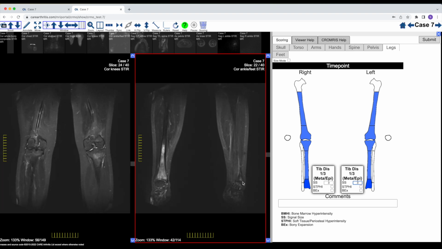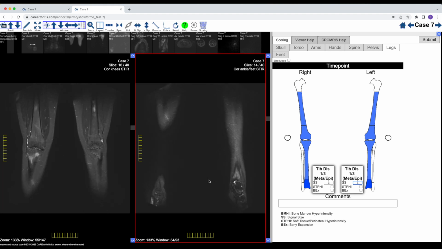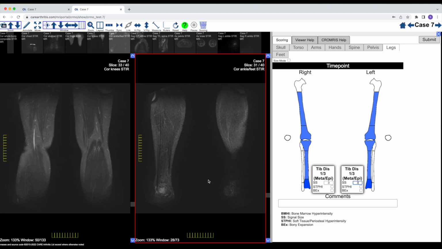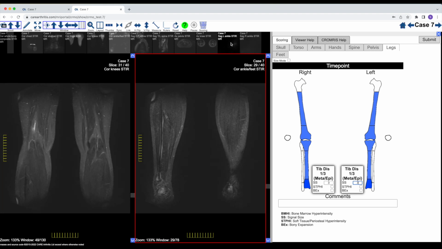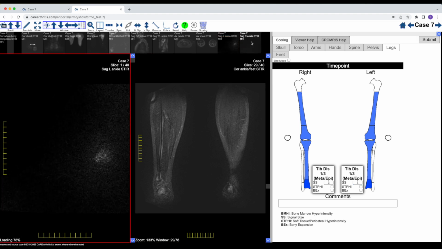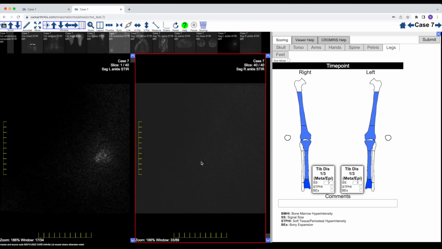It looks like there's some involvement of the distal fibula on both of these patients, but on these patients I know we have ankle views, so I can see that distal fibula a little bit better. Maybe we can evaluate those distal fibulas as well, just to get a better view. There's definitely some involvement.